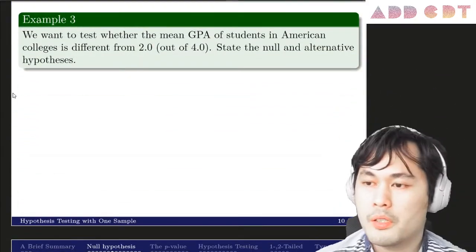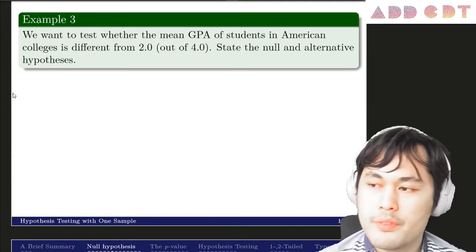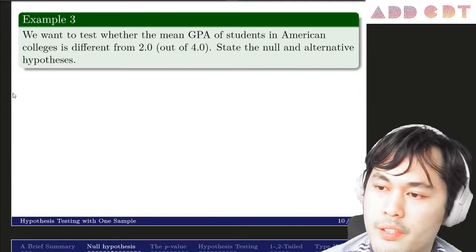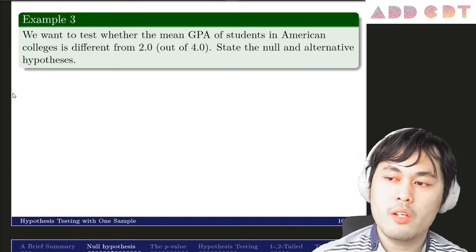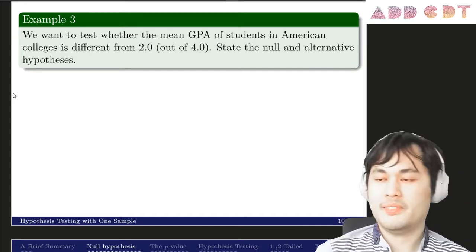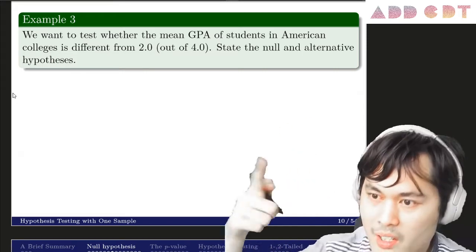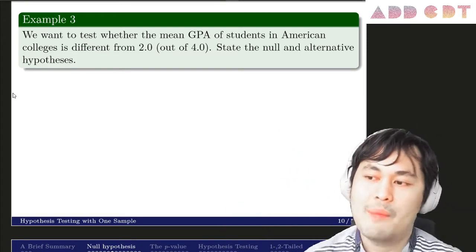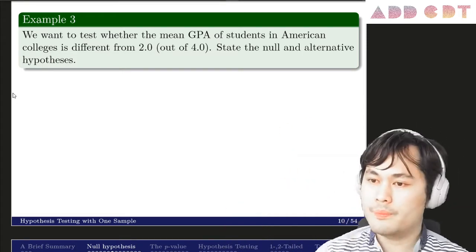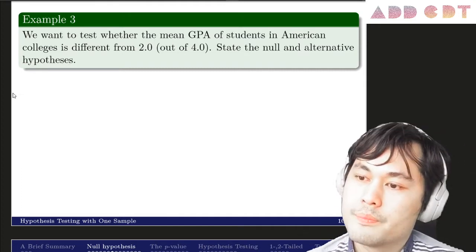Or here, if you want to test whether the mean GPA of students in American colleges is different from 2.0 out of 4.0. Again, this one uses American colleges because this is an American textbook. So what does it mean?